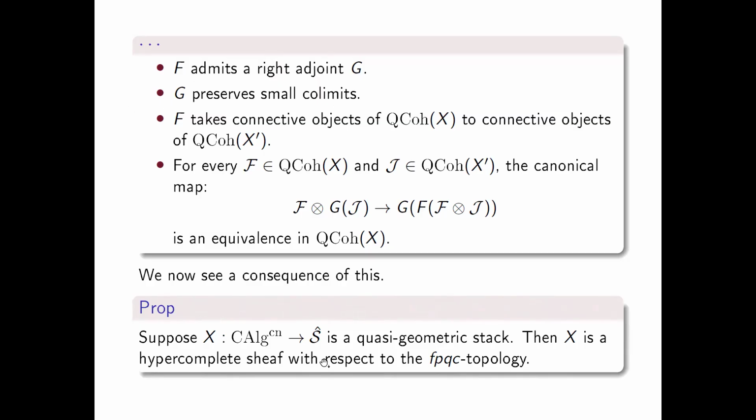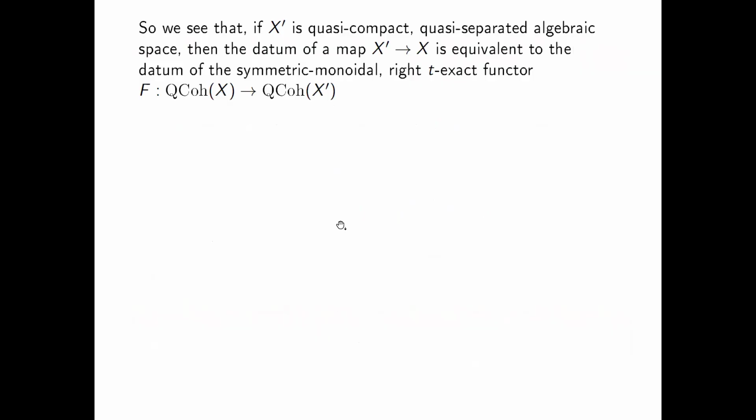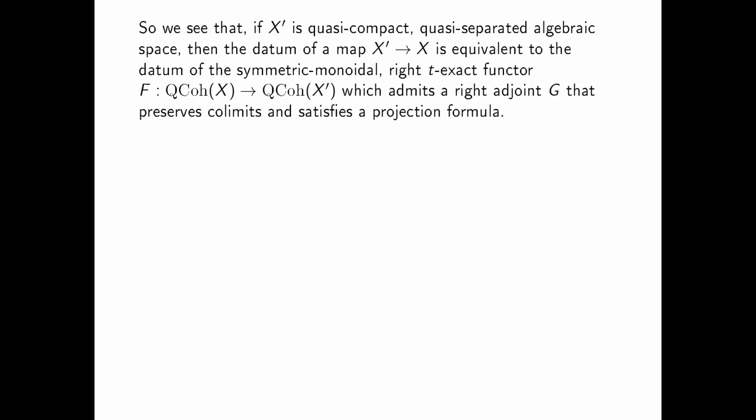So consequences: if you start off with a quasi-geometric stack, then it is a hypercomplete sheaf with respect to the PQC topology. So we see that if this X dash is a quasi-compact, quasi-separated spectral algebraic space, then the datum of this map X dash to X is equivalent to the datum of the symmetric monoidal right t-exact functor from QCoh X to QCoh X dash, which admits a right adjoint G that preserves colimits and satisfies a projection formula.